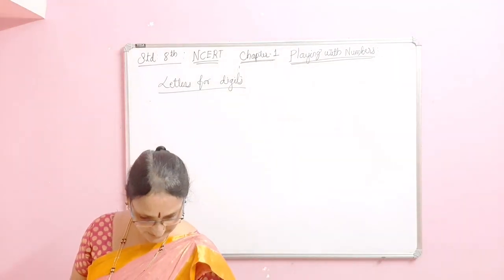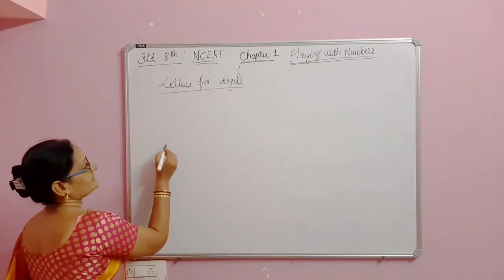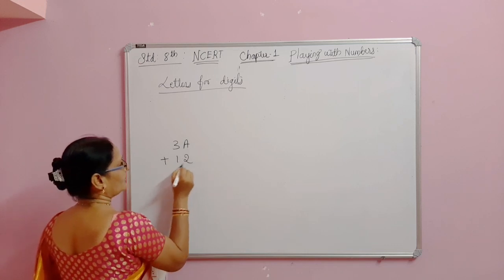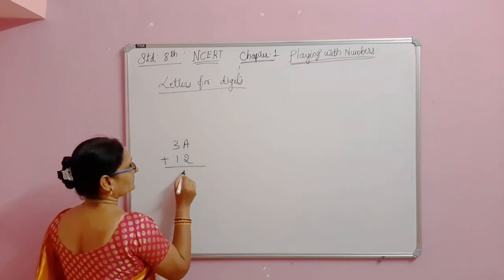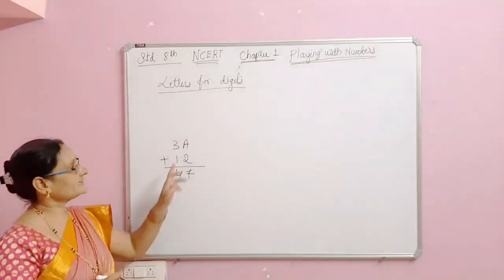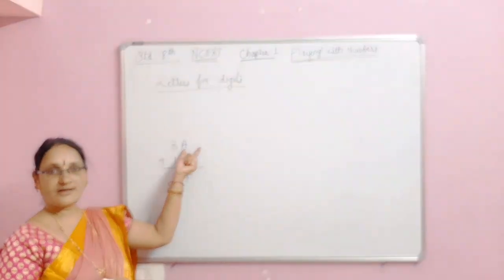In letters for digits, I will take one example here: 3A plus 12 is equal to 47. Here this is one letter, and we have to find out one digit.